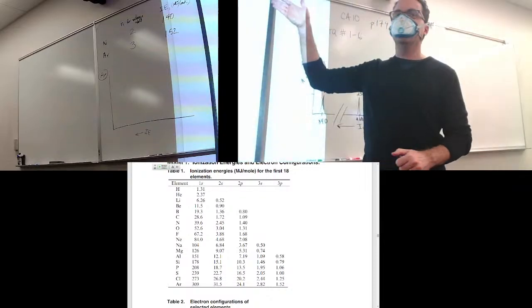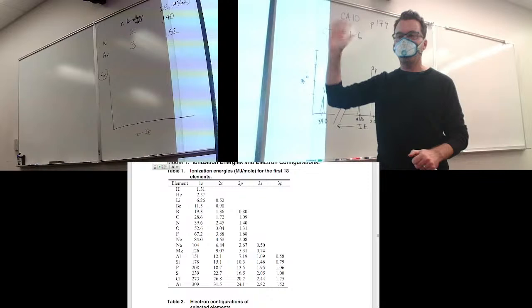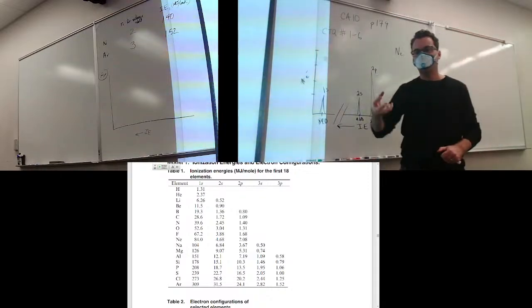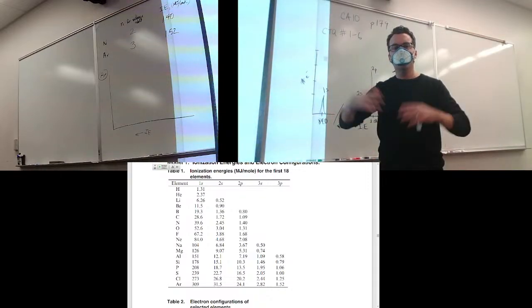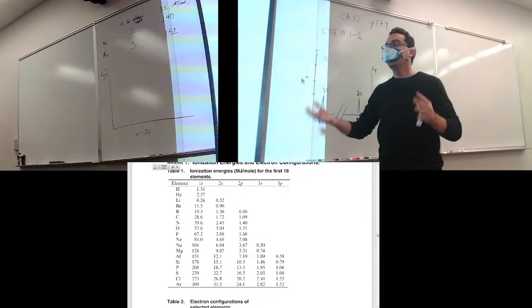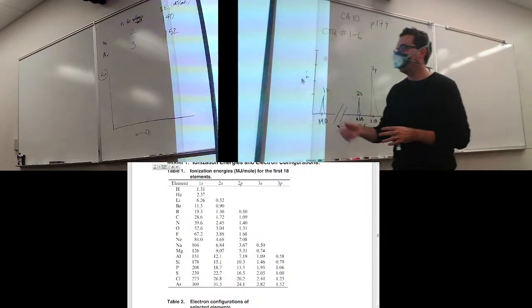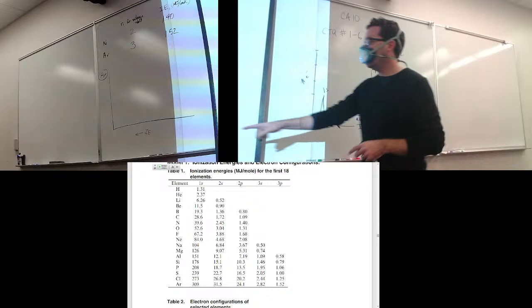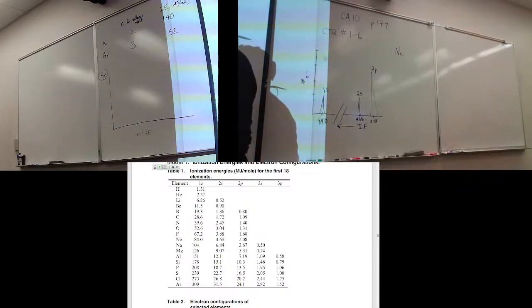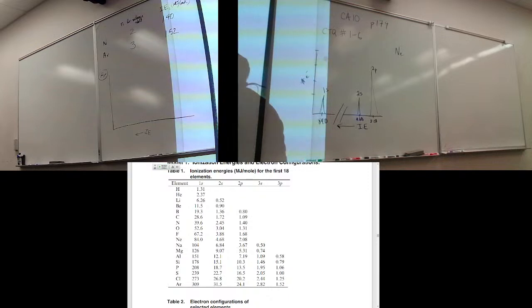Ionization energy 1, all right? Remember what an ionization energy is. It's the energy required to remove the easiest to remove electron. So it's always going to be the lowest number for that element. For argon, this one is the lowest ionization energy for any of its electrons.